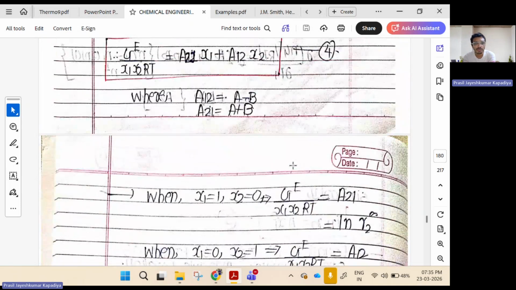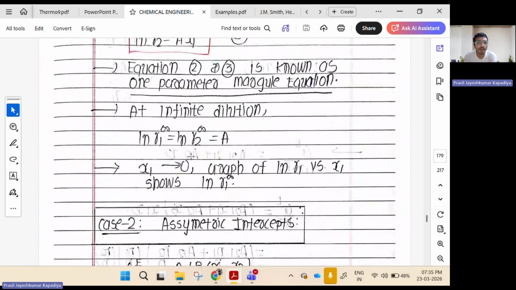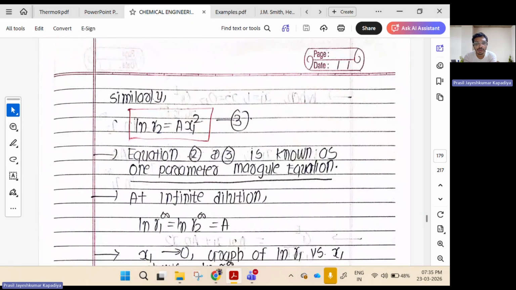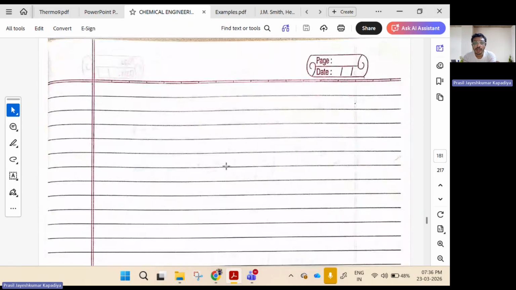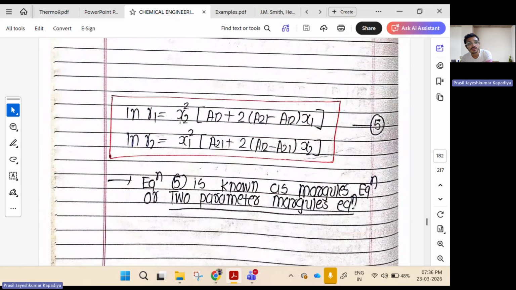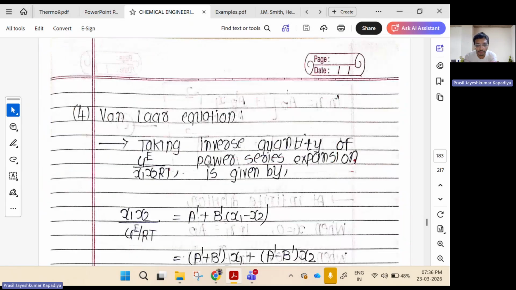This particular equation is called the one parameter Margules equation. Similarly, when I included two terms A and B, I have this kind of equation, the two parameter Margules equation: x2 square [A12 plus 2 (A21 minus A12) x1], and similarly for ln gamma2.